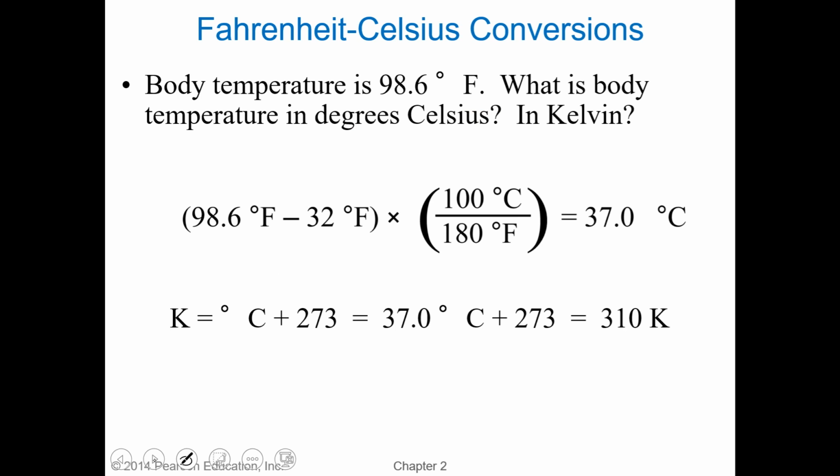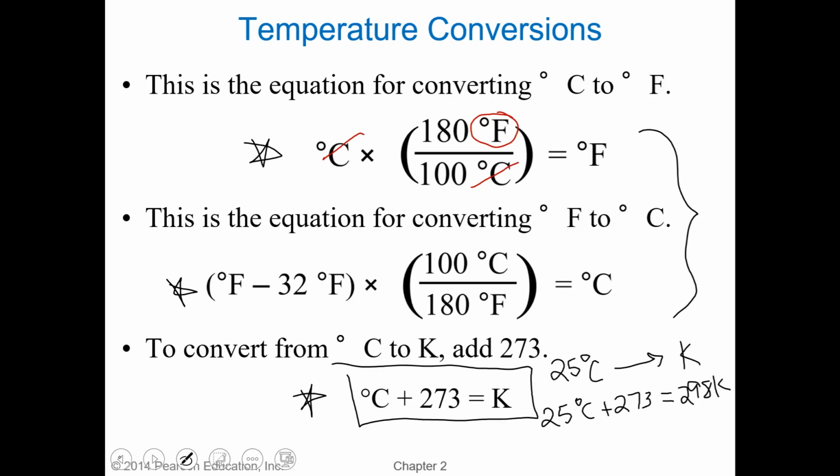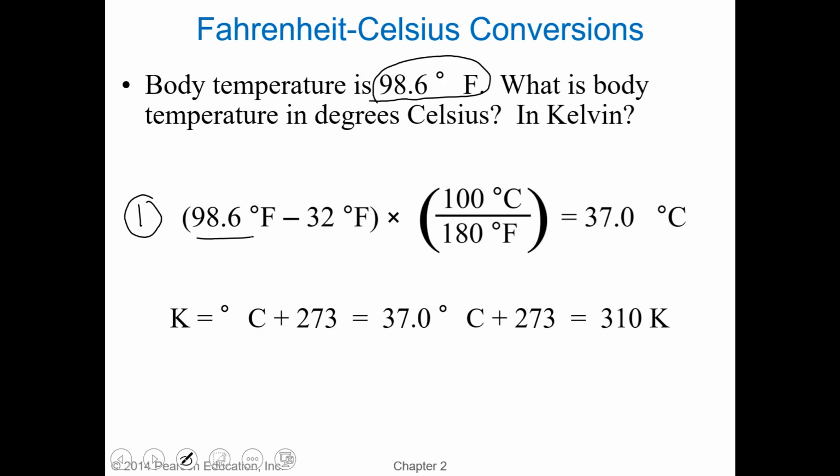Again, this is just converting from Fahrenheit to Celsius, and then again to Kelvin. So if you're told your body temperature is 98.6 degrees Fahrenheit, what is it in degrees Celsius and what is it in Kelvin? The first thing I'm going to do is use my formula, this one right here, and say degrees Fahrenheit minus 32 times 100 divided by 180.